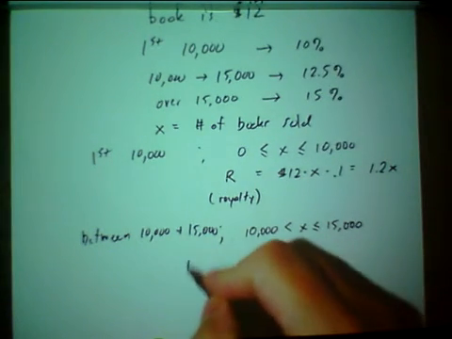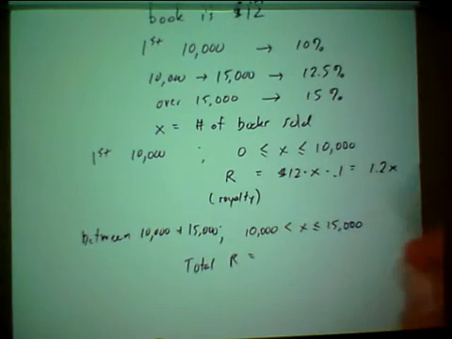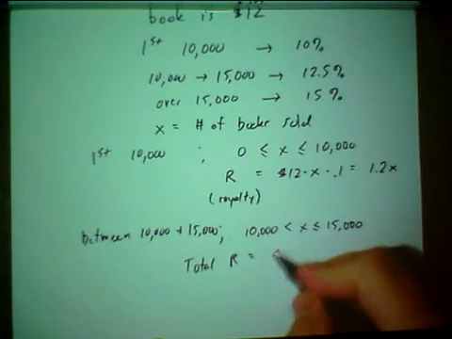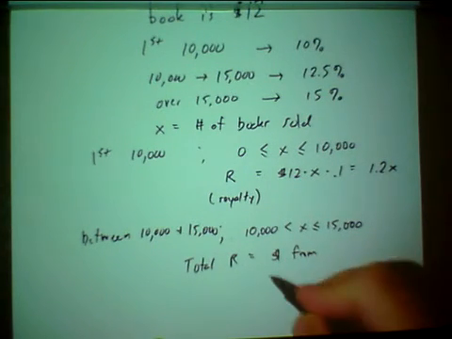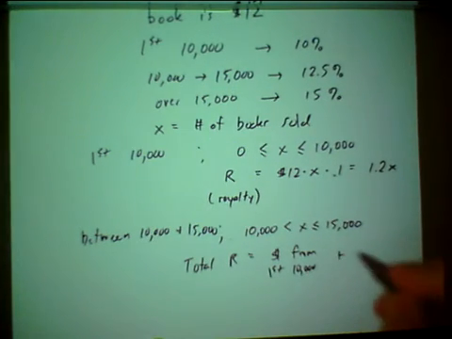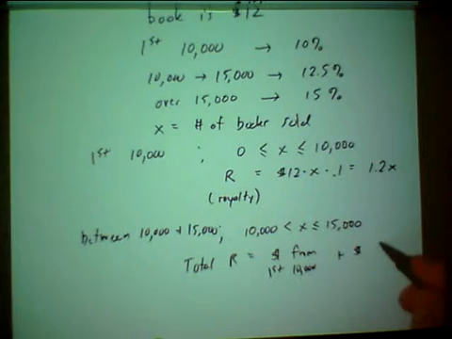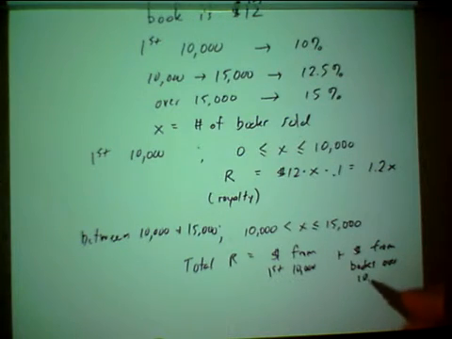So the total royalty, if I write it out, is the money from the first 10,000 books plus the money from the books over 10,000.